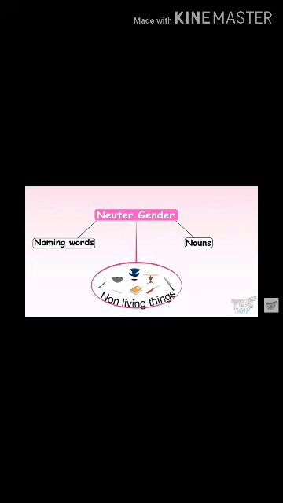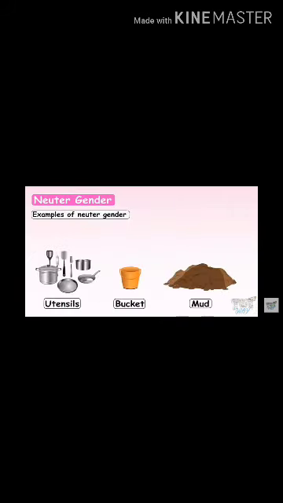You can see here neuter gender. Nouns, of course we have to see the noun, that's a naming word, and then we have to see it's a non-living thing, then we have to identify that it is a neuter gender. You can see more examples like utensils, bucket, mud. All these are neuter gender.